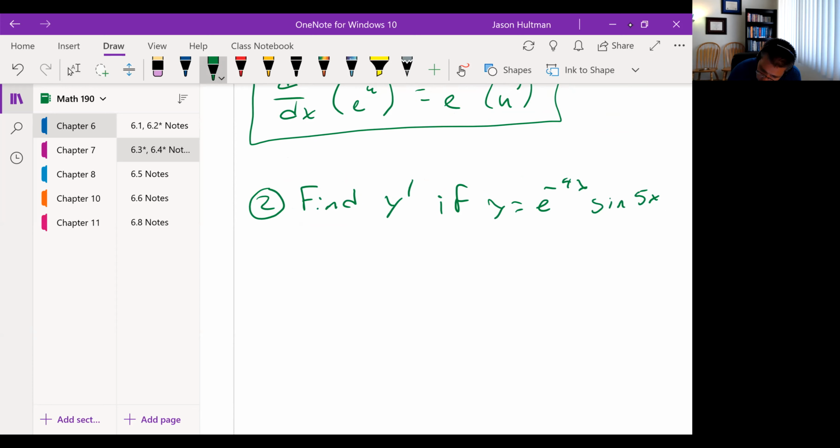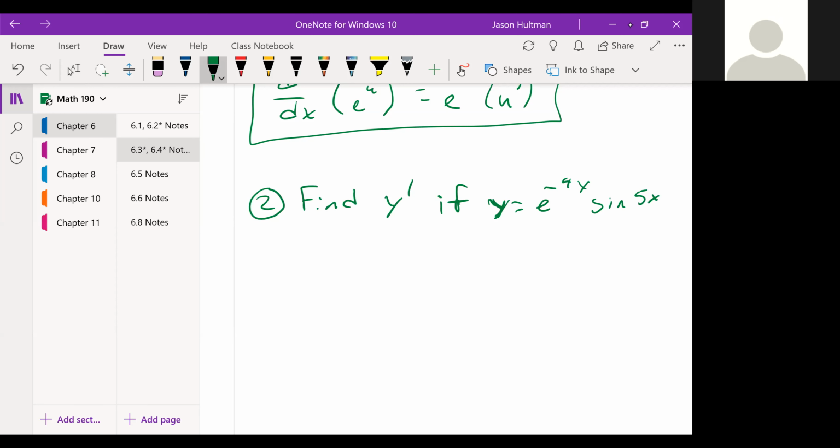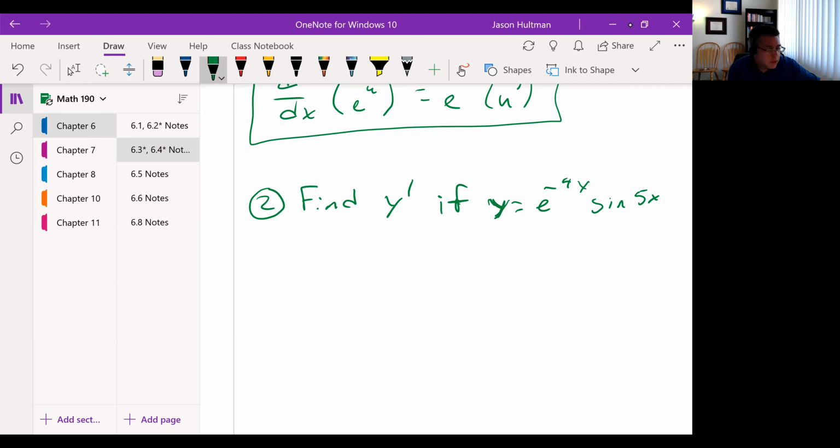So what are we going to do here? Any ideas? What rule are we going to use here? Is it product rule? Yeah, absolutely. Who is that? Sierra, thank you, Sierra. It is the product rule. We've got a function times another function, so we're going to use the product rule.